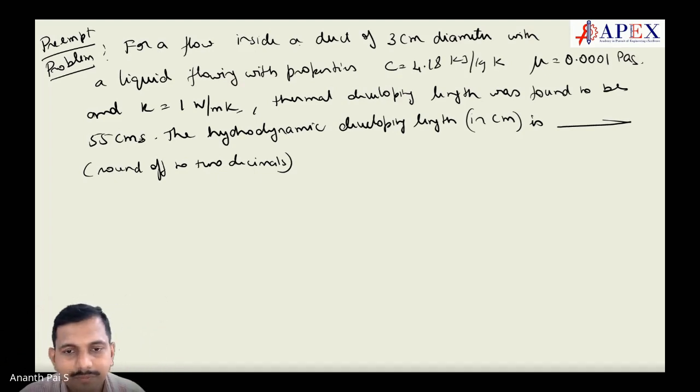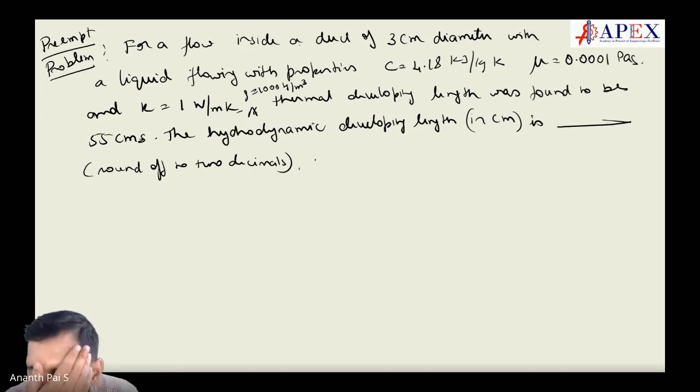Density is equal to 1000 kg per meter cube. Do you need density here? Density is not required.